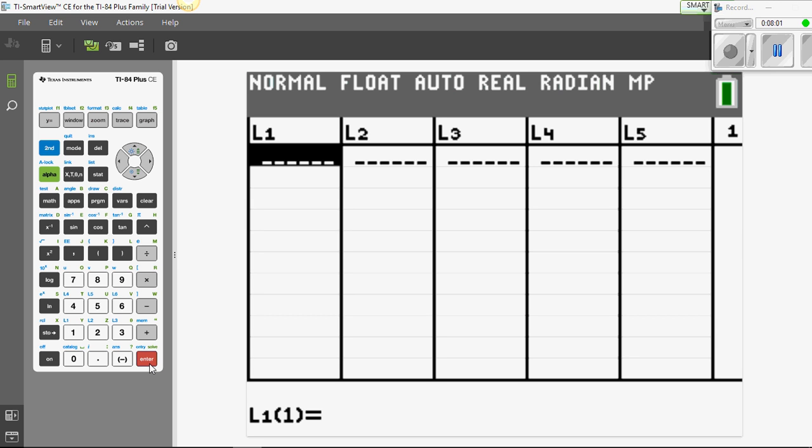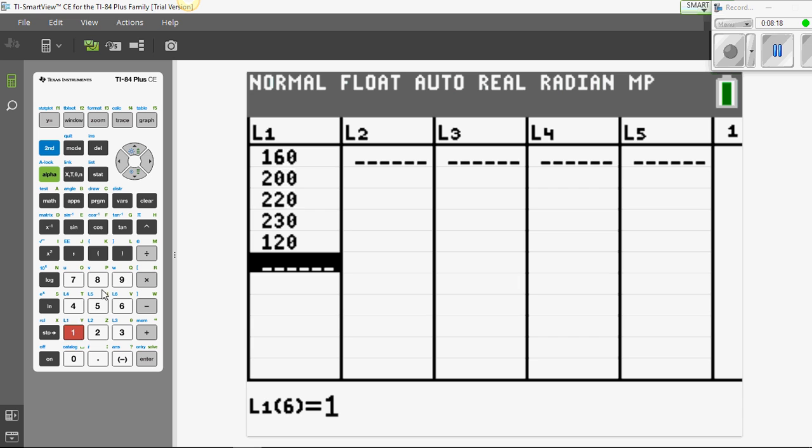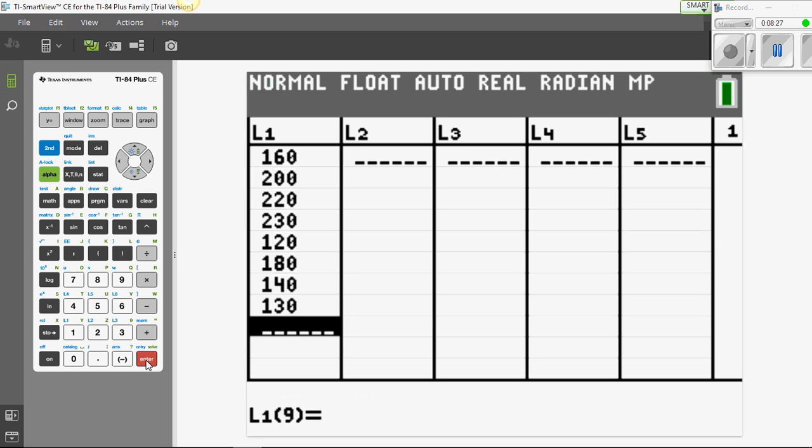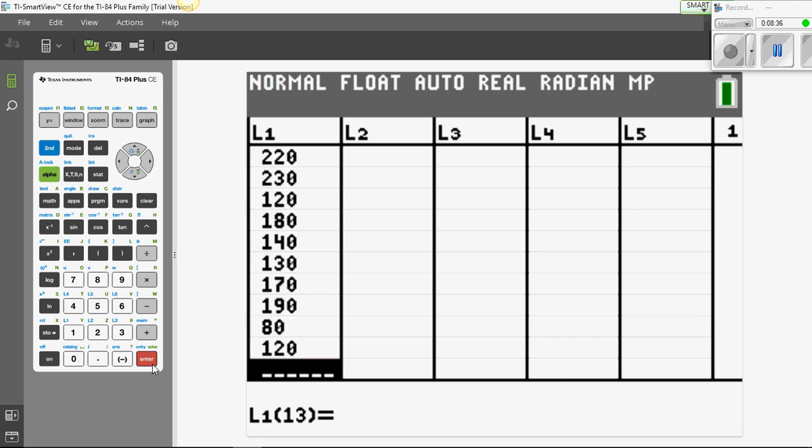All right, Jeremy, list them out for me, because I gave you my copy, so you must tell me what to put in the calculator. 160, 200, 220, 230, 120, 180, 140, 130, 170, 190, 80, 120, 100, and 170. All right, you should have been able to do that, correct?